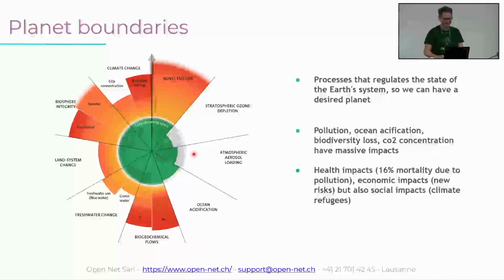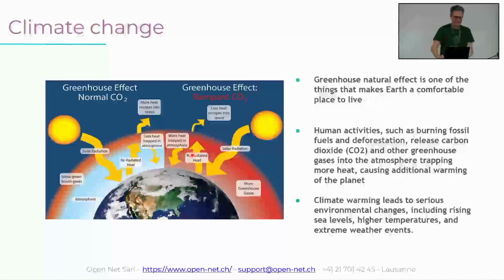Exactly. So we will focus on CO2, just to highlight the natural greenhouse effect at the left. That is the reason why we are living in this planet. And on the right, all of the human activities impacts that are causing the additional warming on the planet, such as burning fossil fuels, deforestation, and all this stuff.